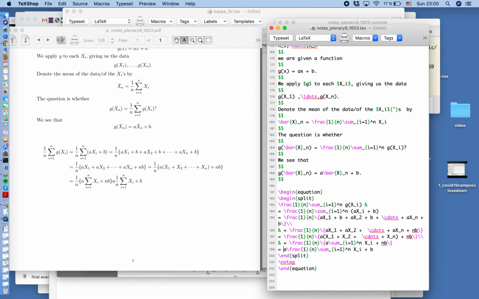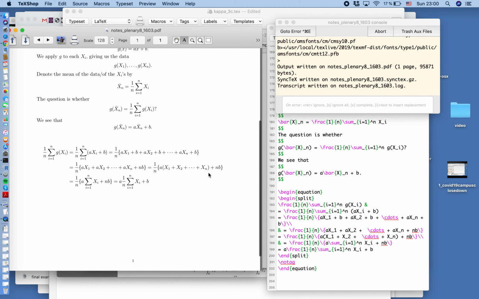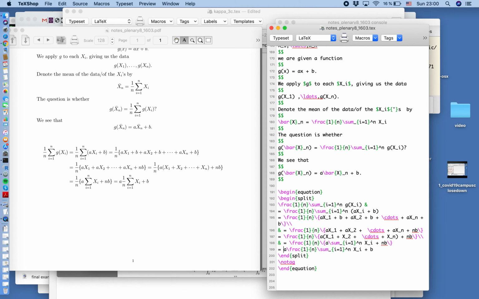I forgot about the equality. And now we see that, well, this is the definition of the mean of the x_i's, so that's what's up here. So we can now replace this mean by this x-bar symbol for the mean. So if we do that, we get a times x-bar_n plus b.